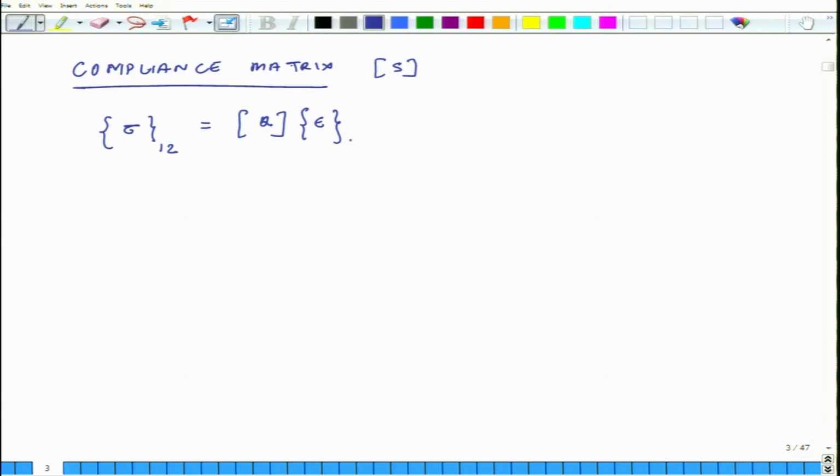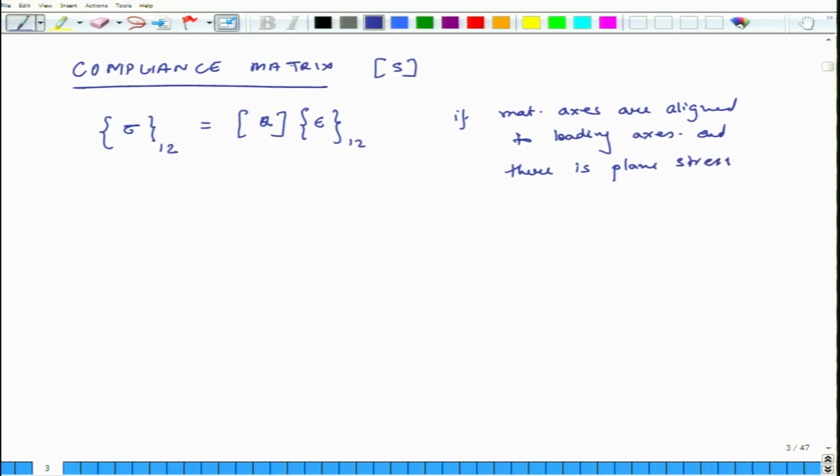Okay. This is if material axes are aligned to loading axis, and there is plane stress. This is the relation which is there, and we have shown the nature of the Q's here.